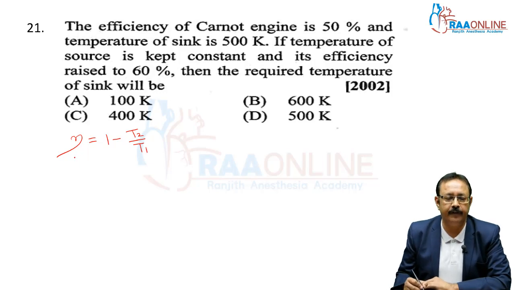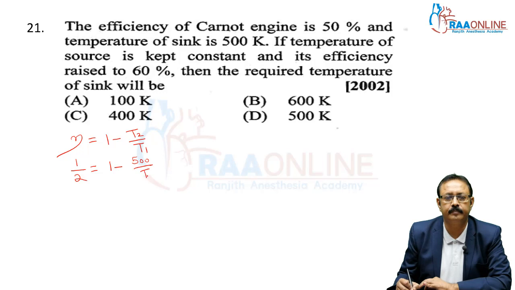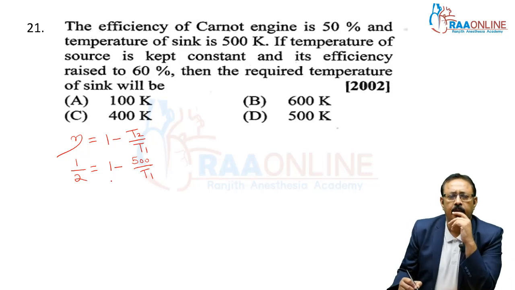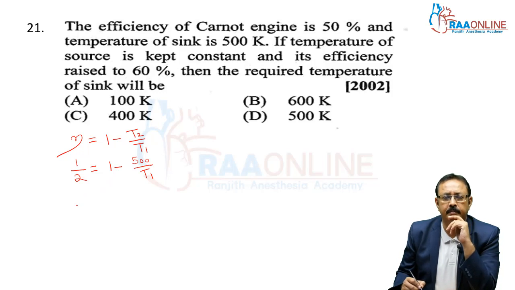What they are saying is, efficiency is 50%, meaning 50 upon 100. The temperature of sink was 500 Kelvin. Source is not given. The temperature of source is to be kept constant, but we now want efficiency 60%.